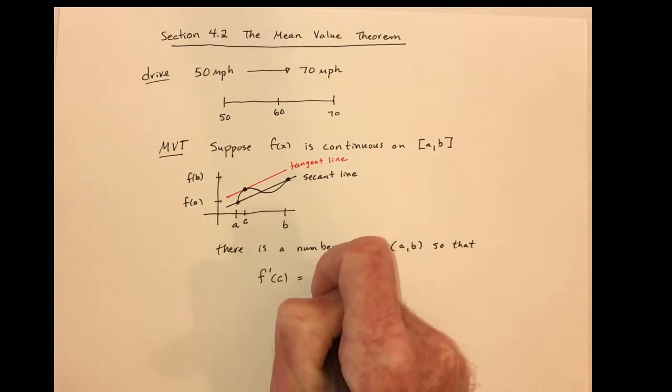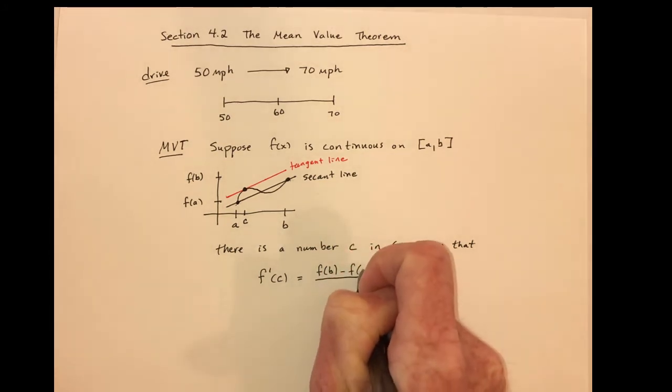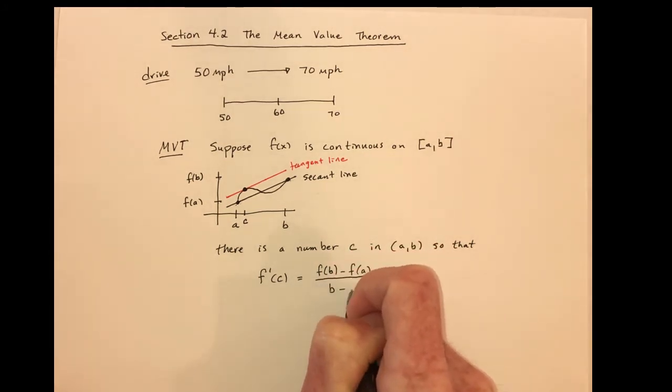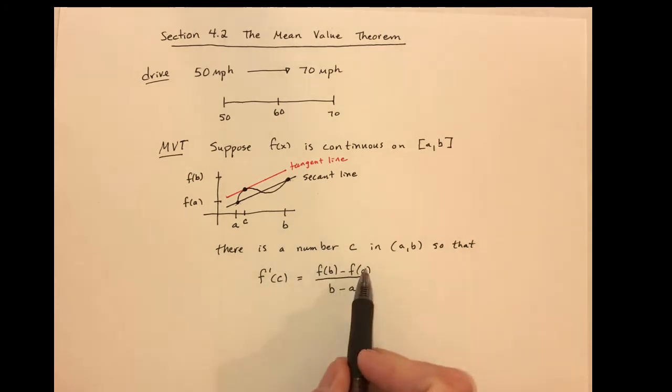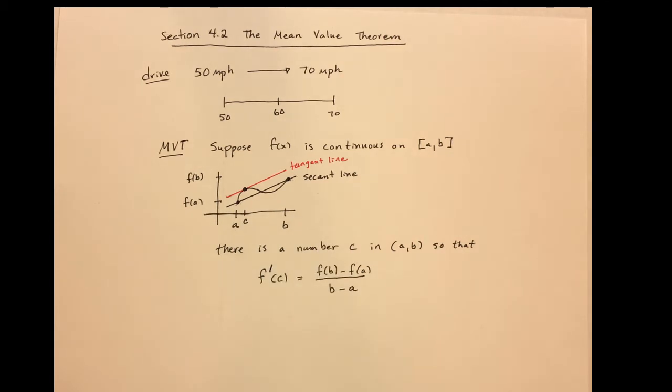And for that, you subtract the two y values, and then subtract the two x values. When you divide them, that's rise over run, so that's slope. So it's saying the slope of the tangent line equals the slope of the secant line.